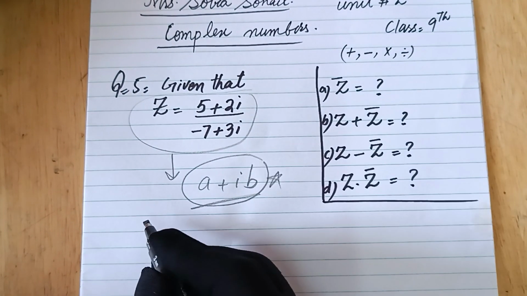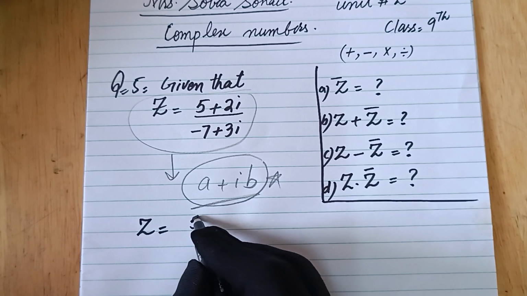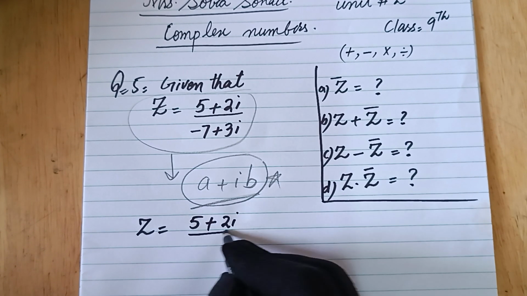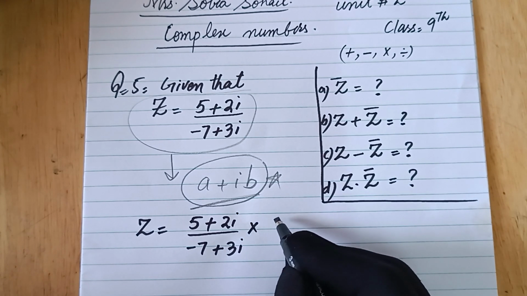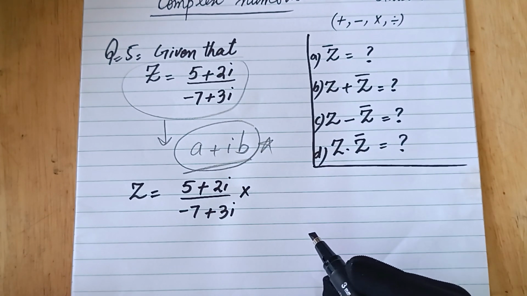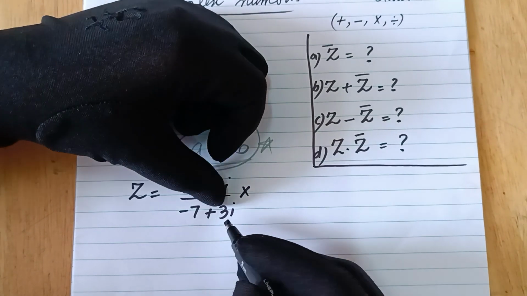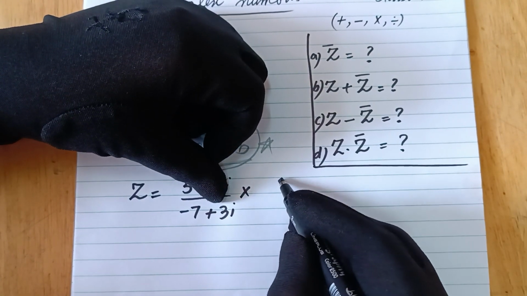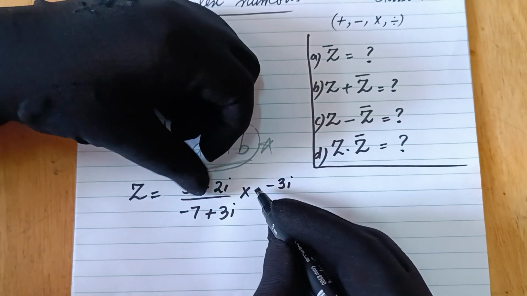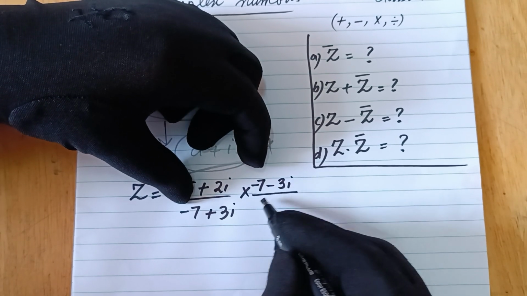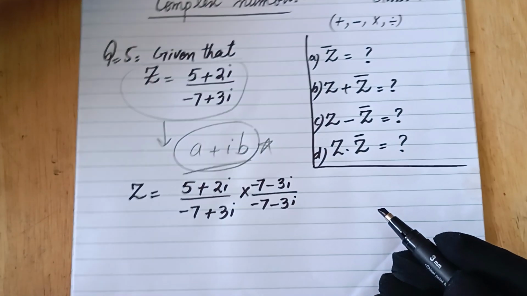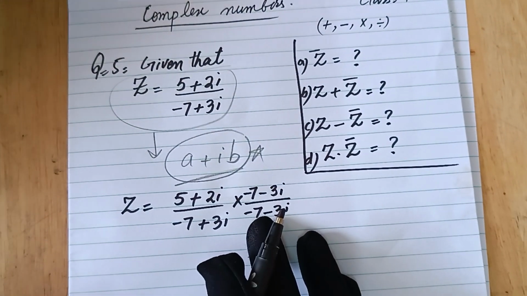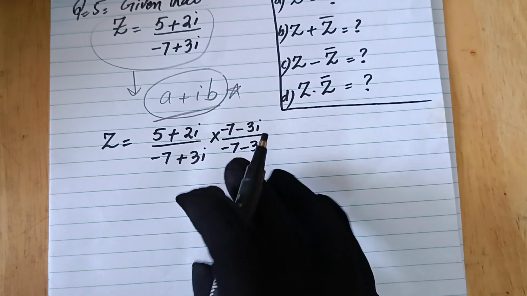For this, we have to apply the rationalization property again. Multiply and divide by the conjugate number. Conjugate means the sign of the imaginary part will change, and the real part will remain the same. So multiply and divide by minus 7 minus 3 iota. The upper number will be multiplied and the lower number will be multiplied.